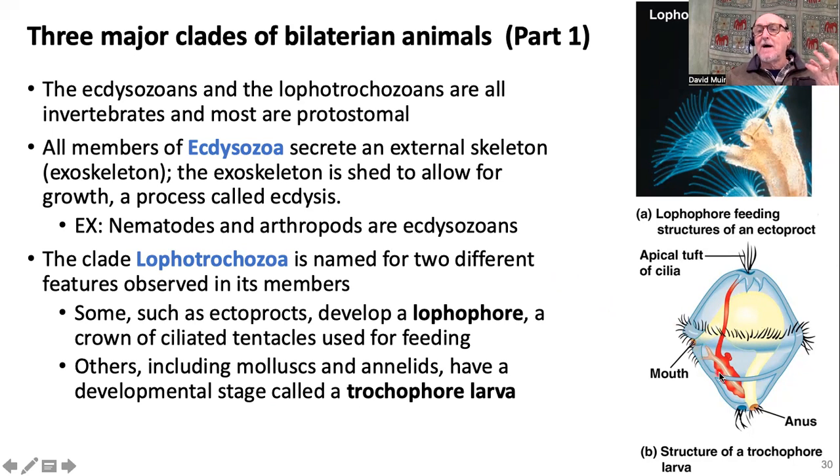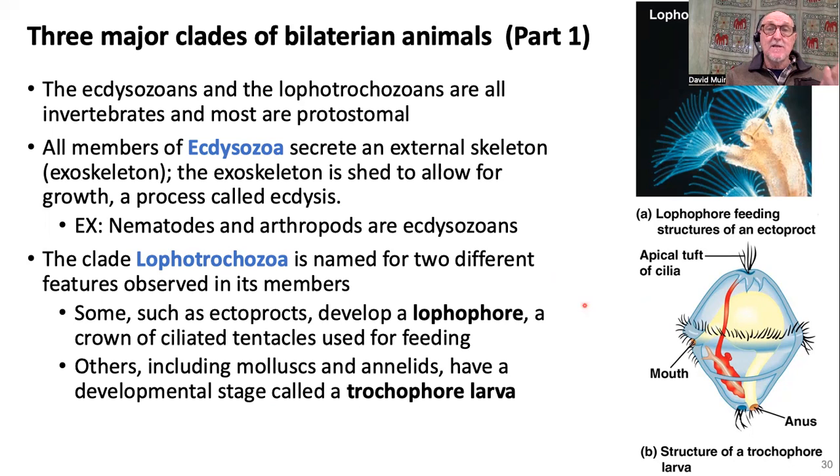This type of larva, the trochophore larva, occurs quite frequently through the group. So, for example, mollusks and annelids may have trochophore-like larvae. But it's their molecular structures, it's their DNA similarity, which really define this group.